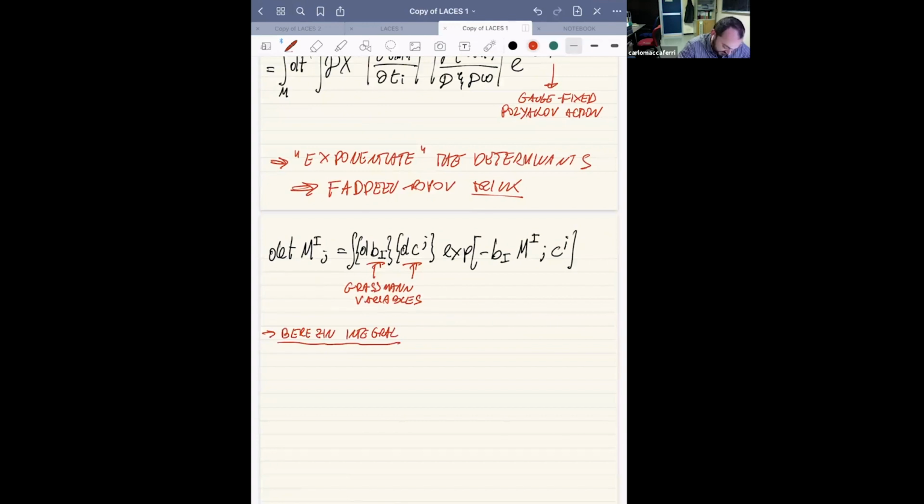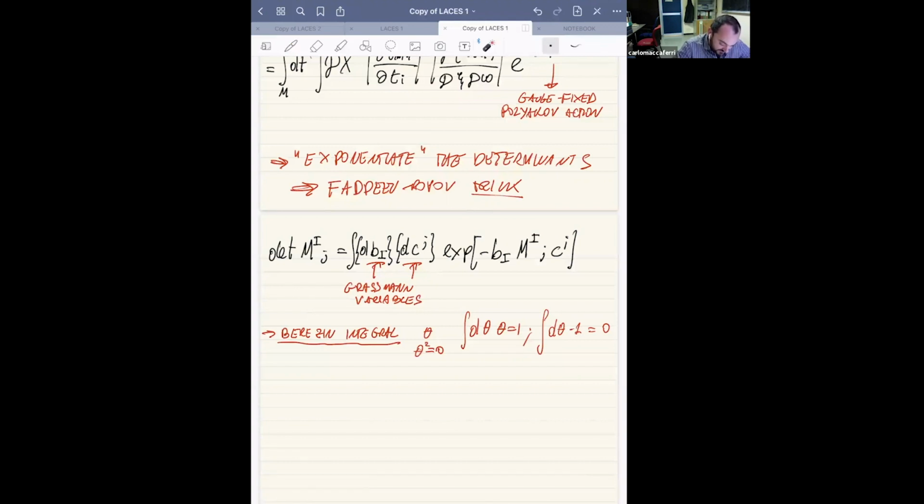If my Grassmann variable is theta, the rule of the Berezin integral is that the integral of d theta theta is equal to 1, and the integral of d theta 1 is equal to 0. Of course, theta is Grassmann odd, so theta squared is equal to 0, so you cannot find other possibilities. Either you find the theta in your path integral, and then the Berezin integral is 1, or you don't find it, and then the Berezin integral is 0.